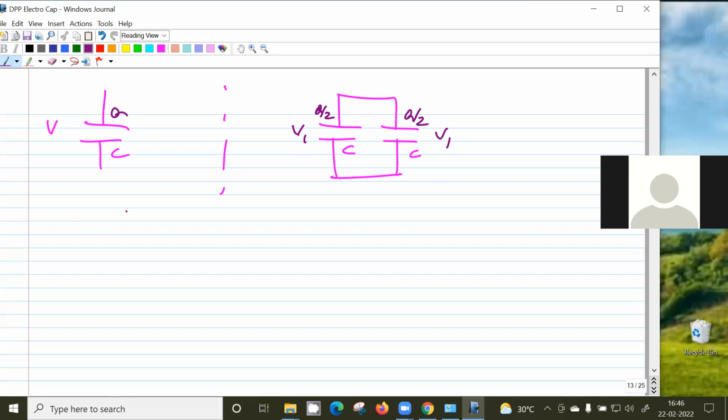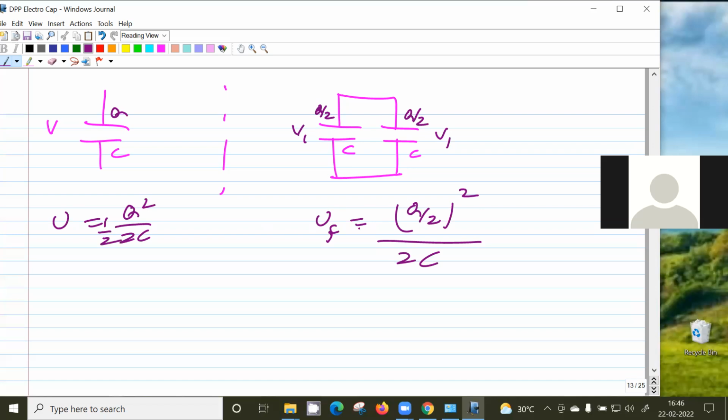So energy you can write in terms of Q square by 2C. Final energy is Q by 2 whole square by 2C, and there are two capacitors, so that 2 and the other 2 will cancel.